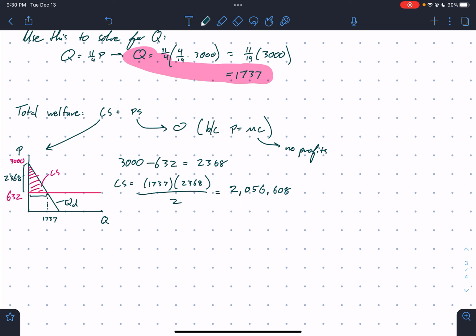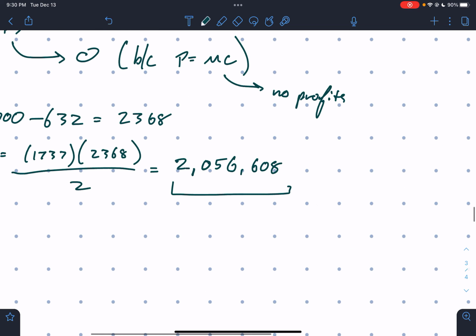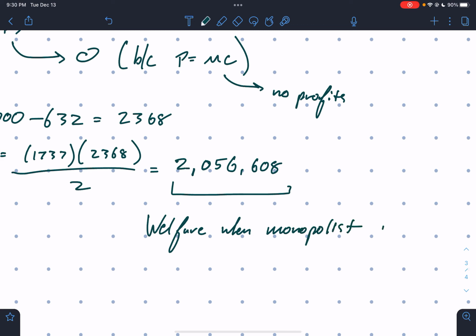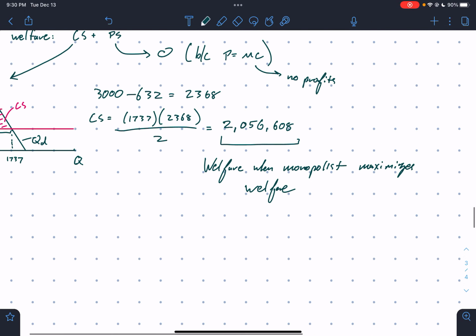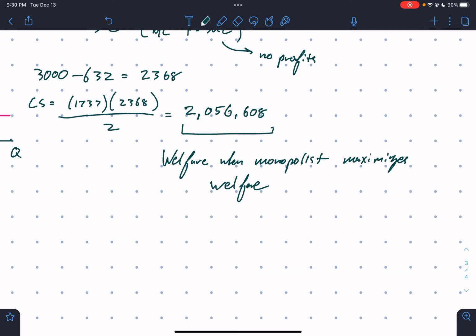Now, this is the welfare when the monopolist is trying to maximize welfare.